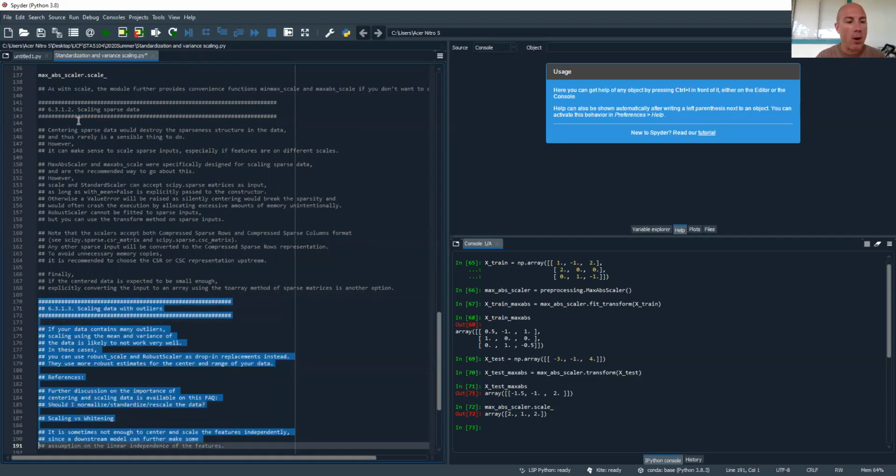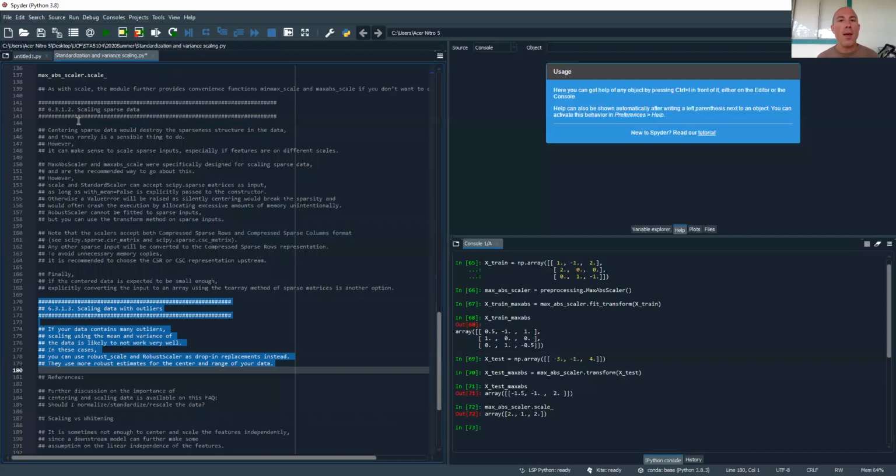Now, scaling with outliers. Let's say there was an error in your data and all of your values go from -3 to 3, and then you see a 20 beside all the other data. That 20 probably is wrong. So before you start doing this, you want to deal with your outliers first, because that can throw it off.